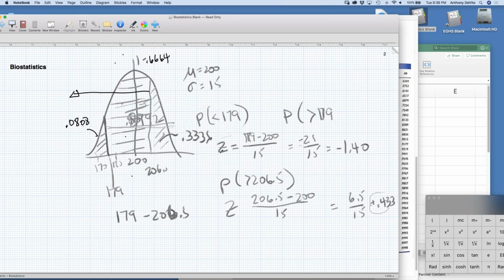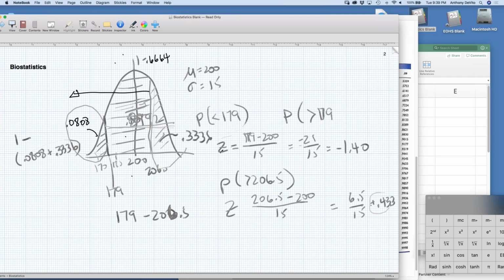The only things excluded are the area below 179 and the area above 206.5. So that's going to be 1 minus the sum of 0.0808 and 0.3336, right? Whatever's left after we add these two together and subtract from 1 will leave us with the area that's between the two.